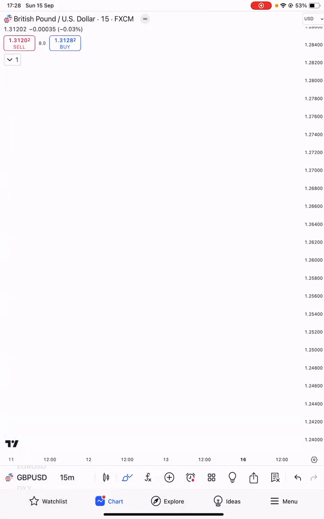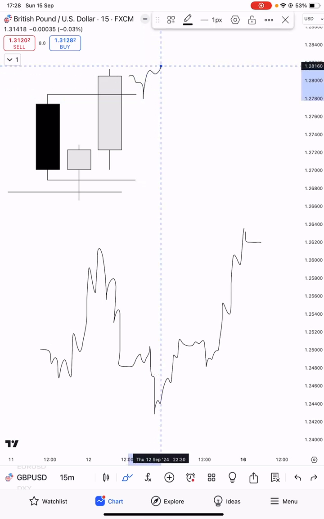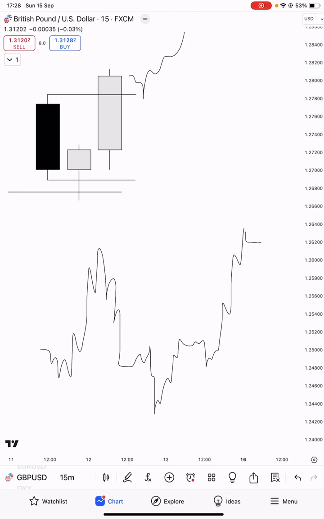One last thing for the Monday range model: if the expansion for the weekly candle is up, usually Monday high is retested, and it becomes a key level. Also, you see the order block retested, then price goes up.